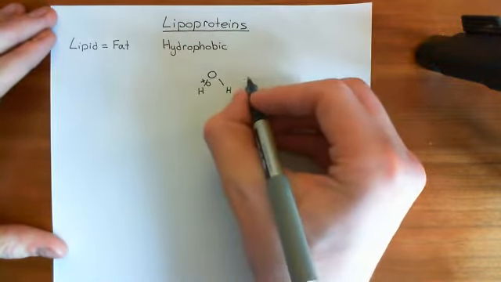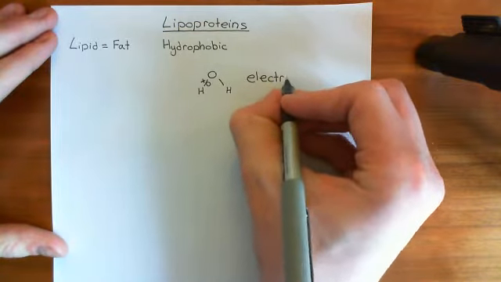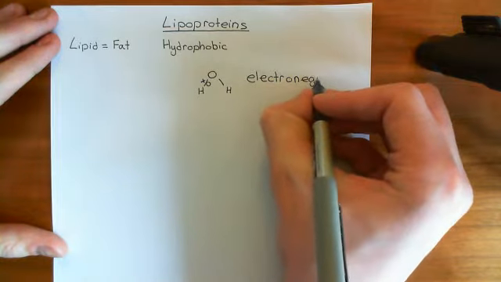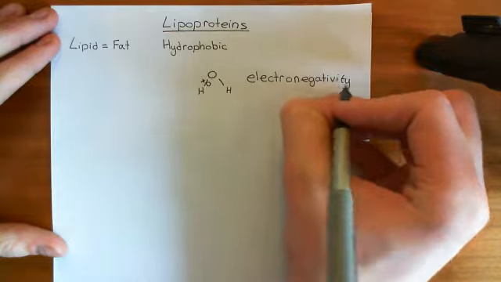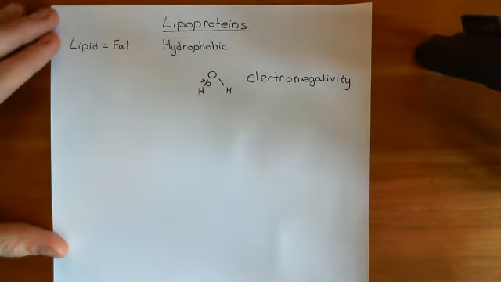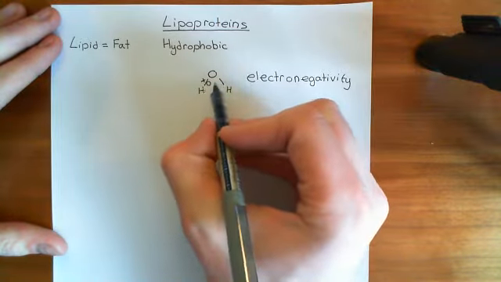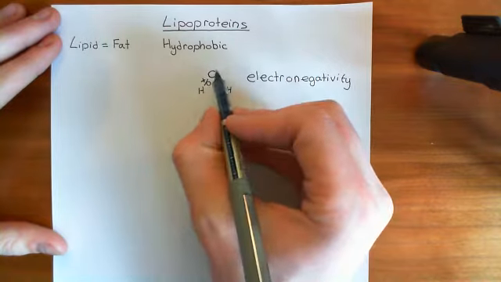So the fancy word for how strong the attraction that the electrons will feel towards a nucleus is electronegativity. We say that oxygen has a greater electronegativity than hydrogen, which just means the oxygen nucleus pulls on electrons more than the hydrogen nucleus. This results in the electrons in these 2 bonds being closer to the oxygen atom than they are to the hydrogen atoms.